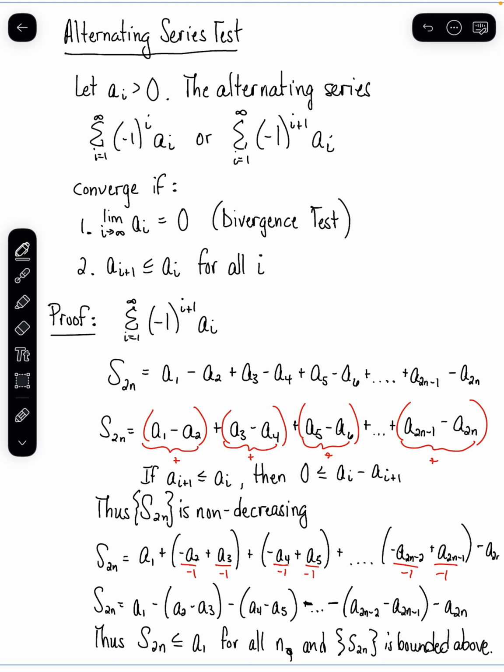So in this way, we have that the sequence of partial sums is convergent.